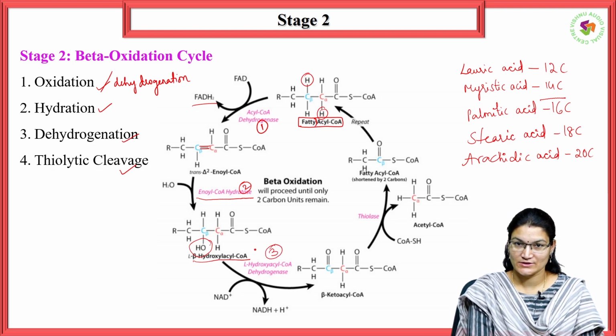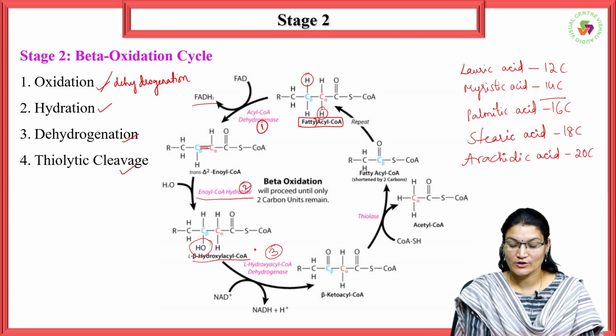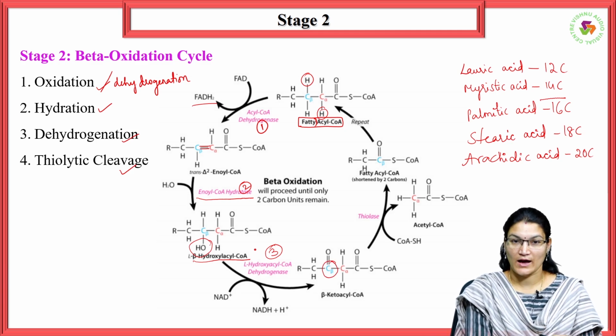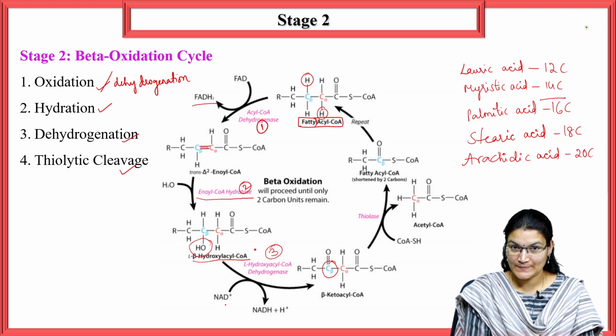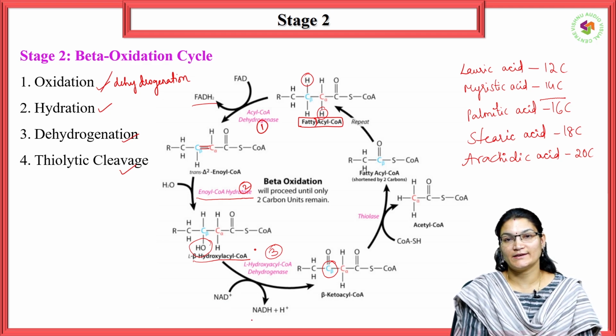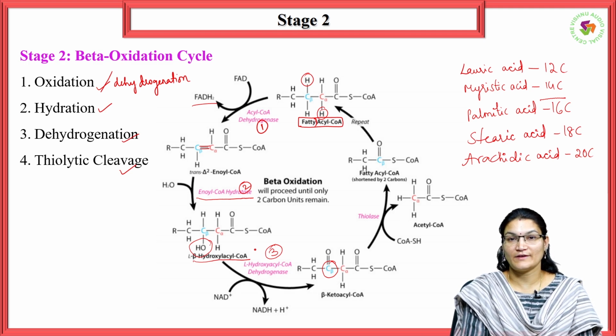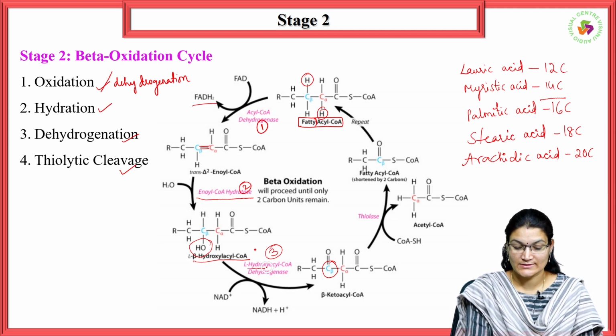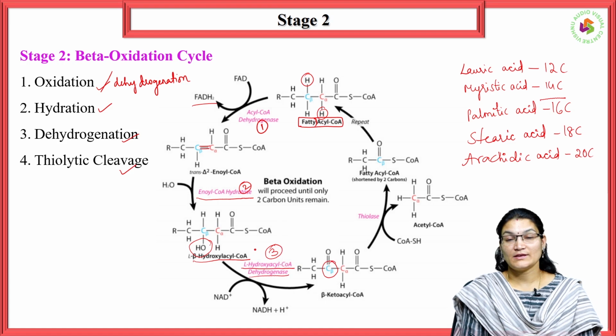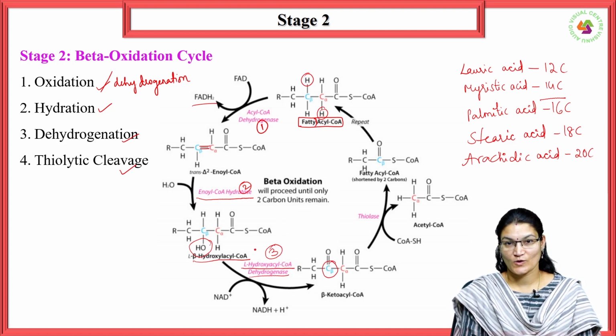Again, dehydrogenation is removal of hydrogens, here from the beta carbon. This hydrogen is taken up by NAD plus and it gets converted into NADH and H plus. This process occurs in the presence of the enzyme L-hydroxyacyl coenzyme A dehydrogenase.